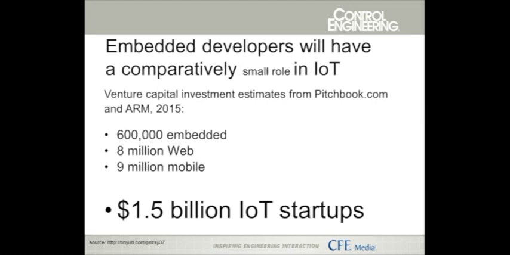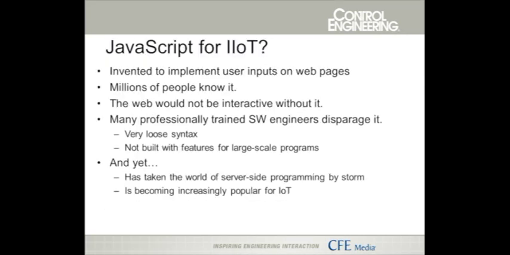We can't train them fast enough. On the other hand, there are 8 million web developers and 9 million mobile app developers. And those men and women are also looking for jobs. So how do we bridge that availability of talent to the economic need of actually creating these applications?